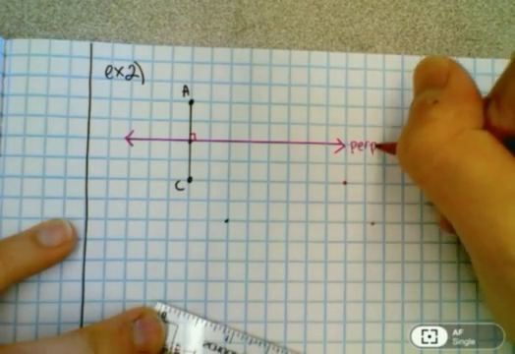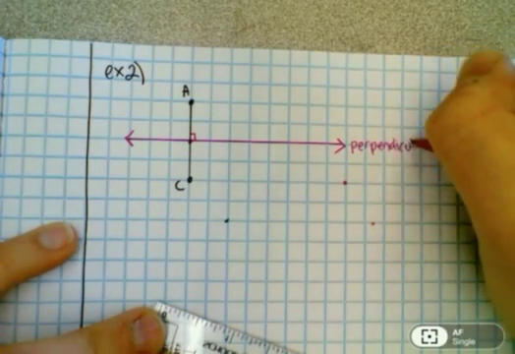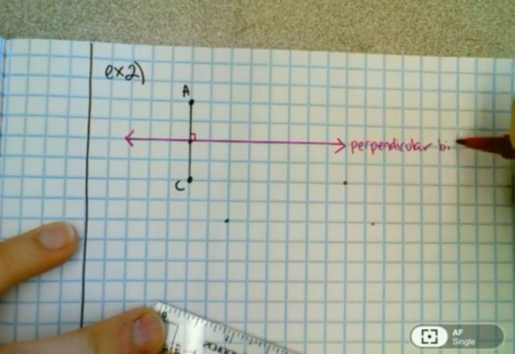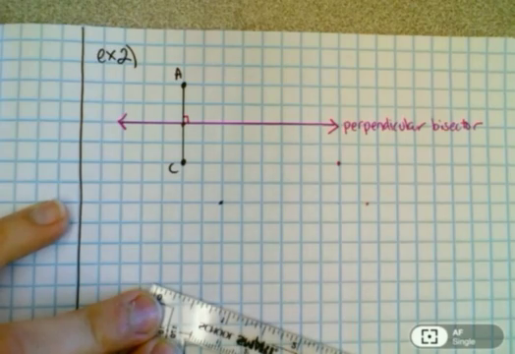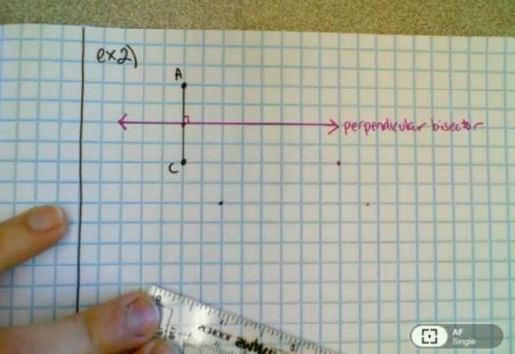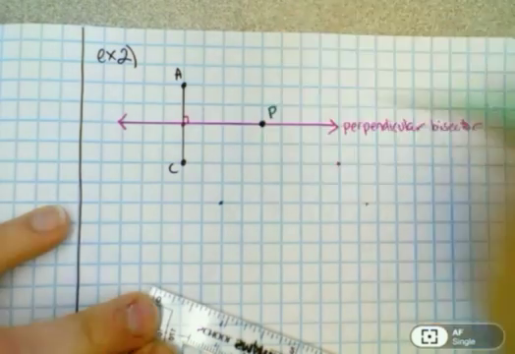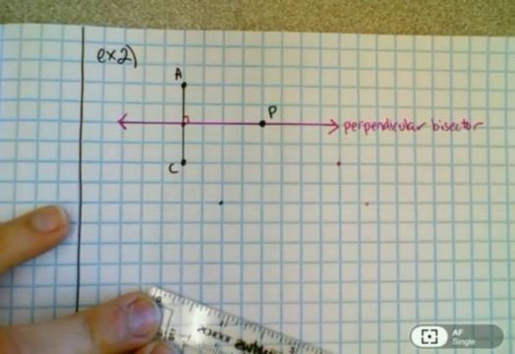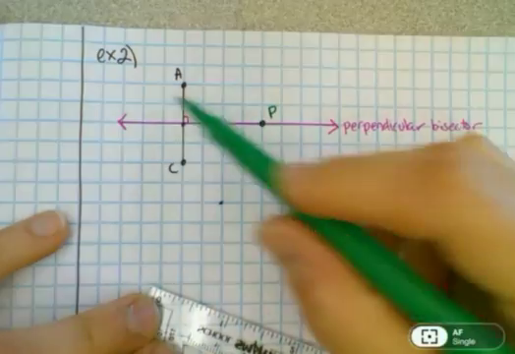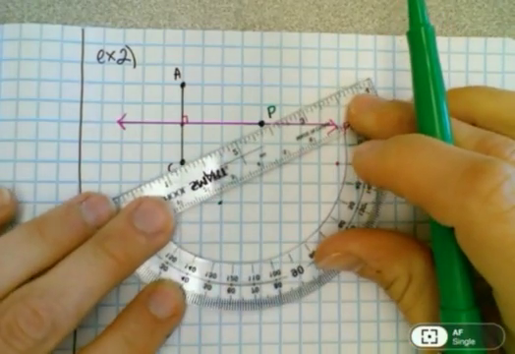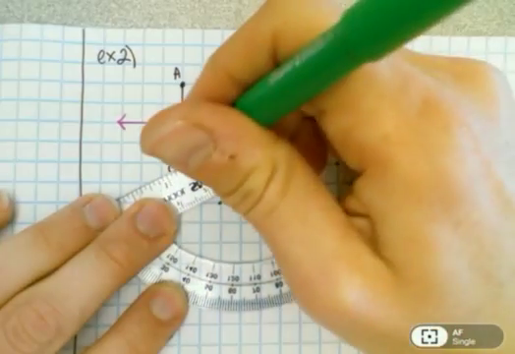This is a perpendicular bisector. Okay. And then we are going to draw point P somewhere off here. And remember, I'm not drawing to scale, so we're drawing a point. And we will connect that point to both endpoints.